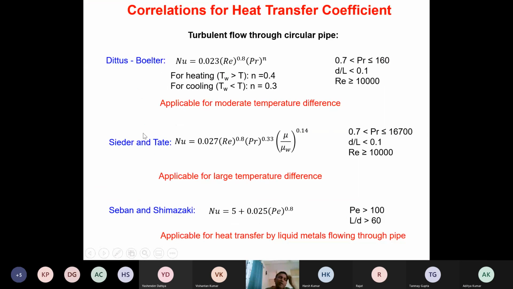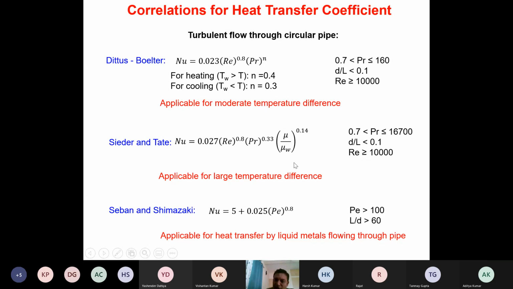So there is a modified expression, the Sieder-Tate expression, when I have a higher range of Prandtl number. The Dittus-Boelter equation is valid only for Prandtl number from 0.7 to 160, isn't it? But the Sieder-Tate equation is valid for a higher range of Prandtl number.